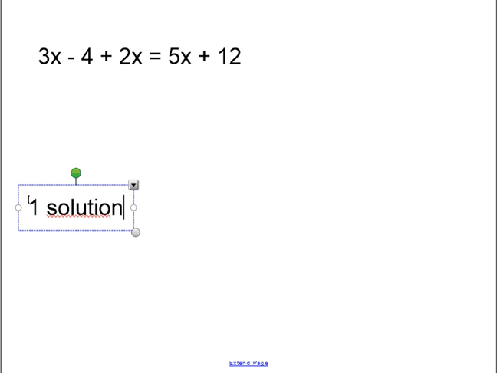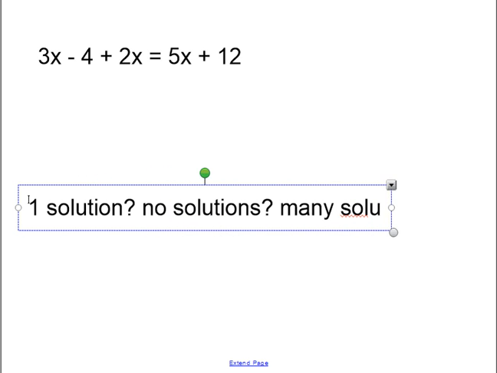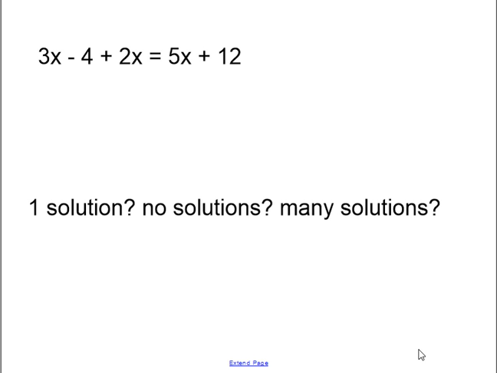Give me just a second to type this up. Okay, there it is. That is your reflection question. Does this equation have one solution, no solutions, or many solutions? And don't just say one, none, or many. Please explain why you know that. Why do you know that to be true? Prove it to me.